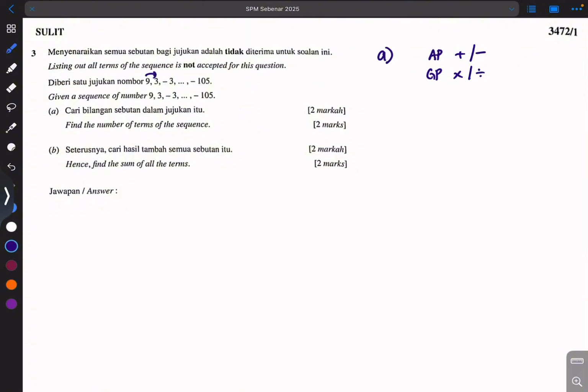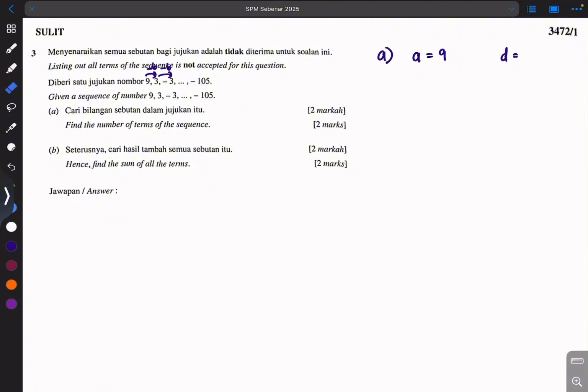Since this is minus 6, it is an AP. So for arithmetic progression, we need to find a and d first. a is always the first term, a is 9. d is the common difference, which is negative 6.